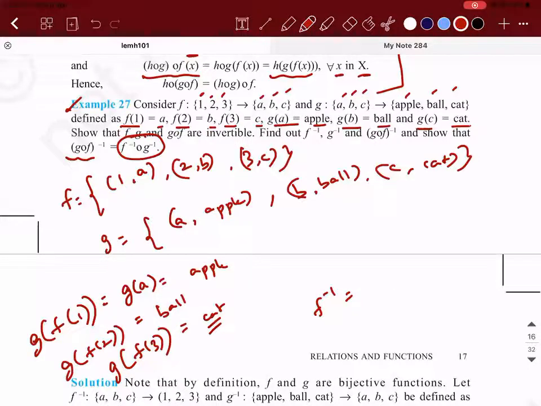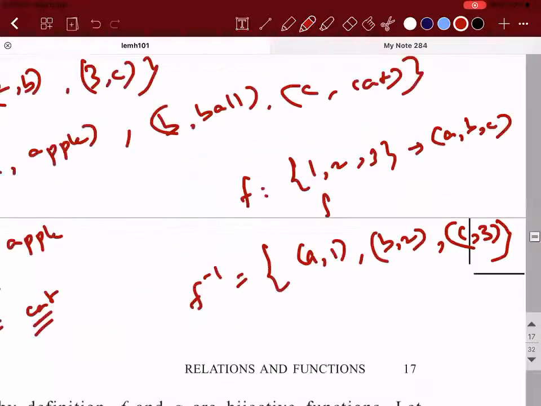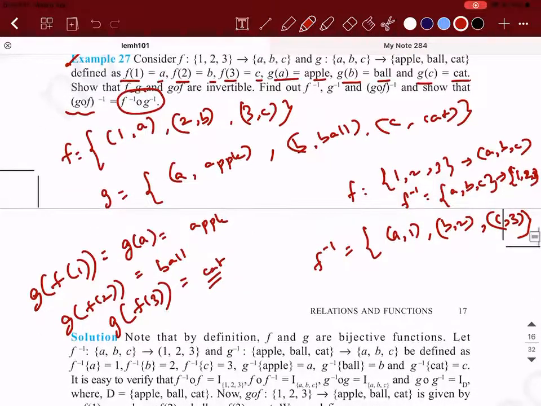So f inverse is (A,1), (B,2), (C,3). f is mapped from {1, 2, 3} to {A, B, C}, so f inverse will be from {A, B, C} to {1, 2, 3}. Accepted? Okay, wow. If that is the case, f inverse is this. What is g inverse, guys?